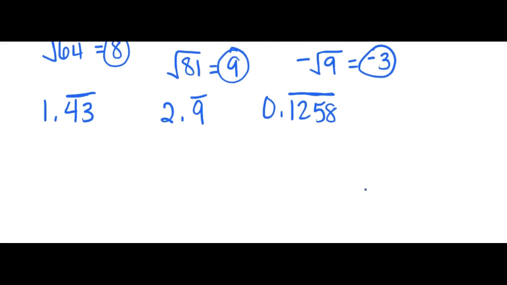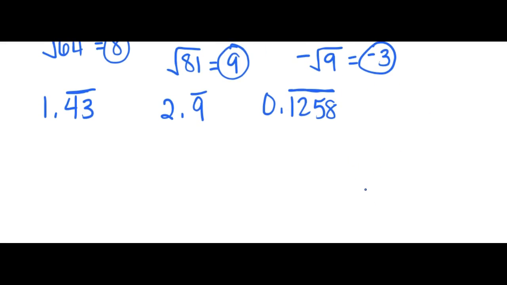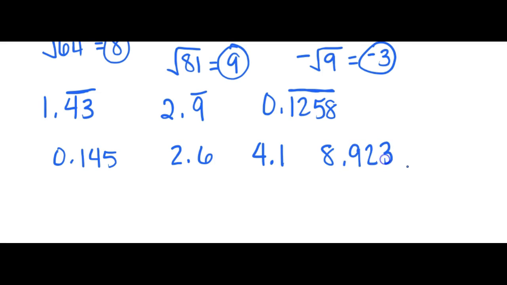We don't have to worry a whole lot about whether this is really rational or not. Also, we could have things such as 0.145. This is non-repeating, but it does end. So this is also a decimal, just a plain decimal. We can do these too: 2.6, 4.1, 8.923. These are all wonderfully rational.